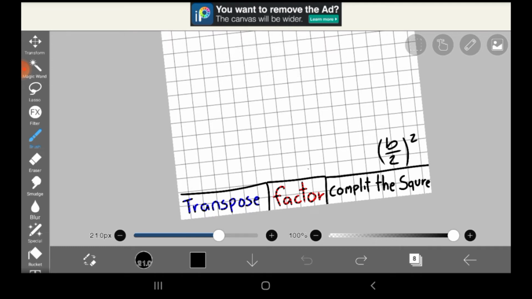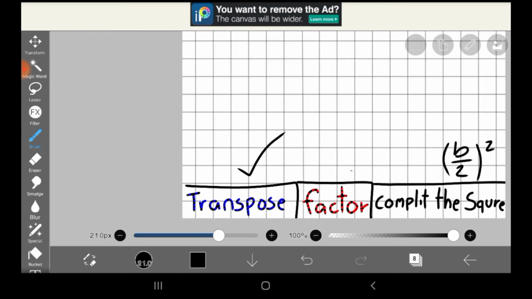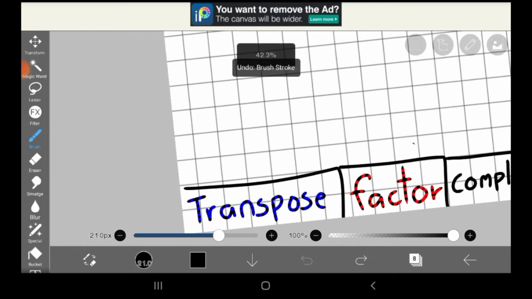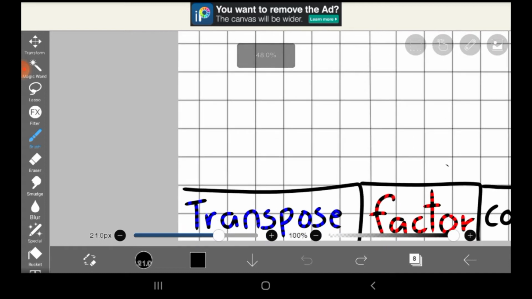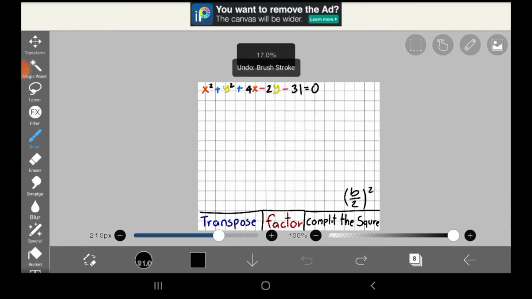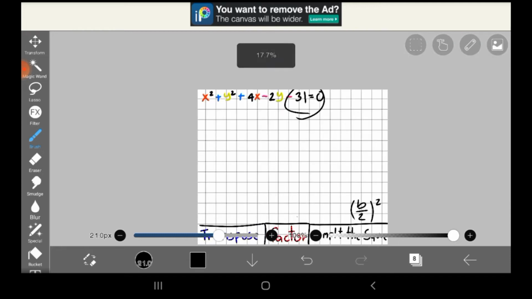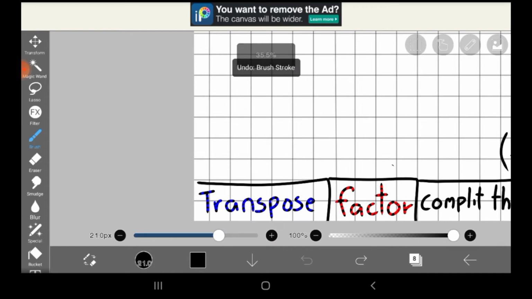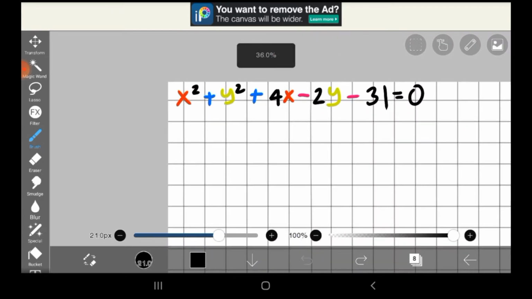So if you know how to transpose, I don't need to explain this, but fine, I will explain it. In transposing, you will transpose the constants. The constant is the term without a variable, and then if you find something like a lonely term, for example, if there is only 2y and no 2x, the 2y is the lonely term.